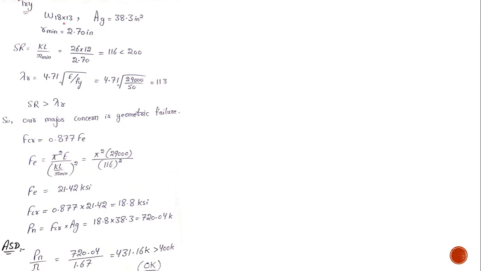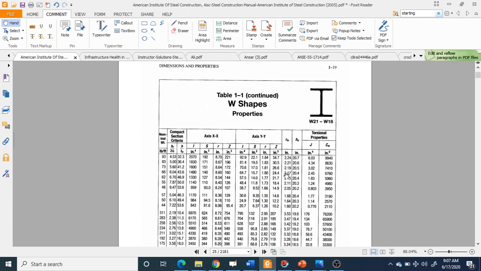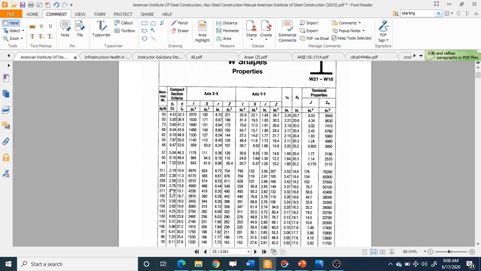W18 into 13, this was my chosen section. Gross area is 30.8 and r minimum is 2.70 inches, minimum of 2. So it should be below that.